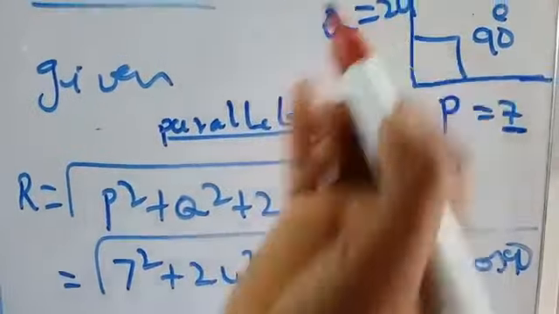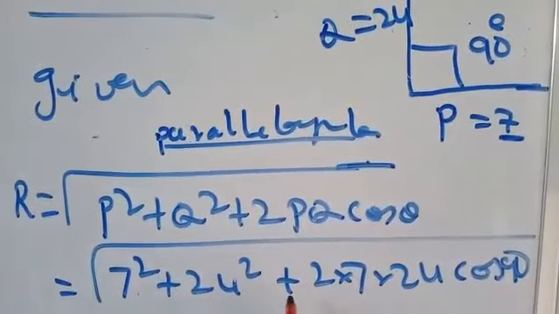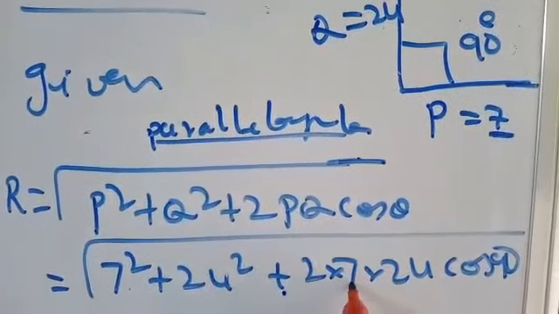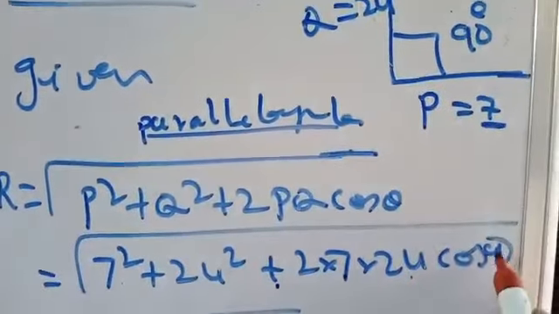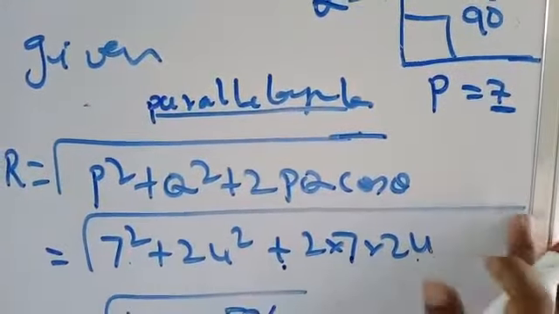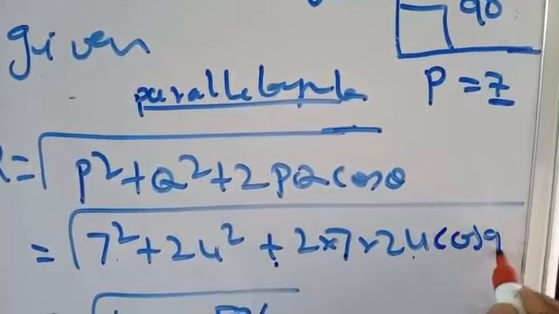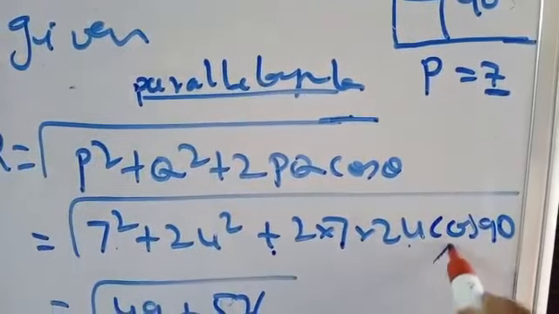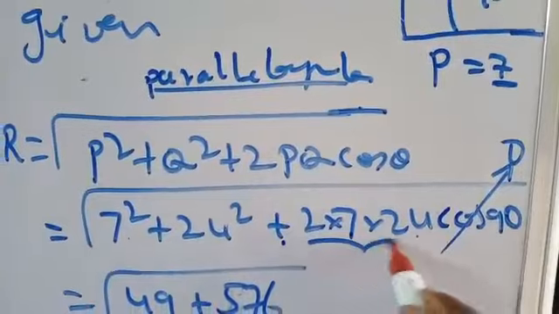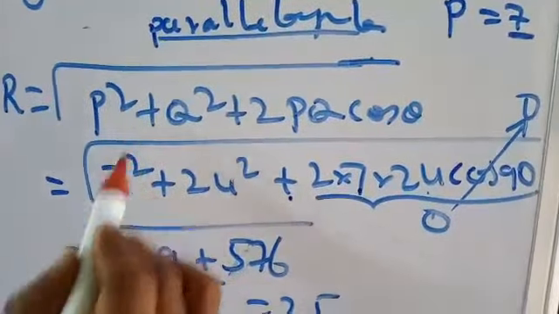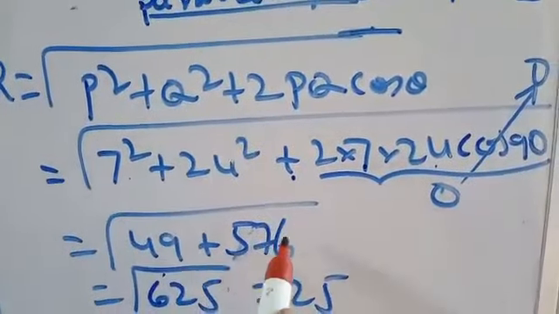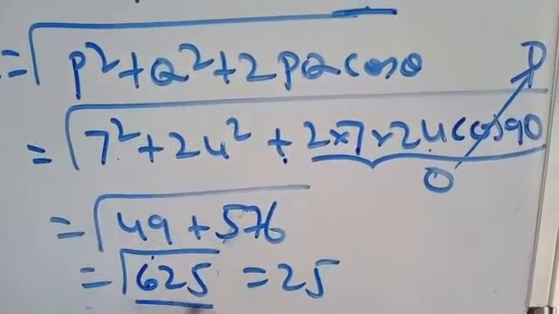Q is 24 units, 24 square, plus 2 into 7 into 24 cos theta. Here theta is 90, and cos 90 is equal to 0, so this term is 0. That is 7 square 49, 24 square 576, adding these two gives 625.